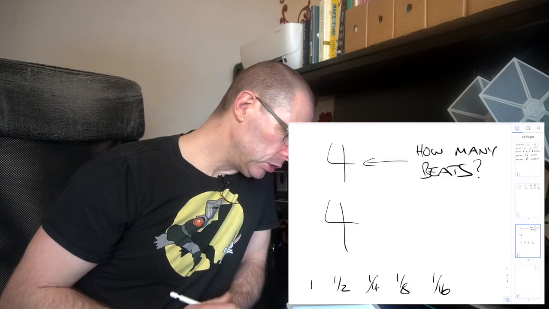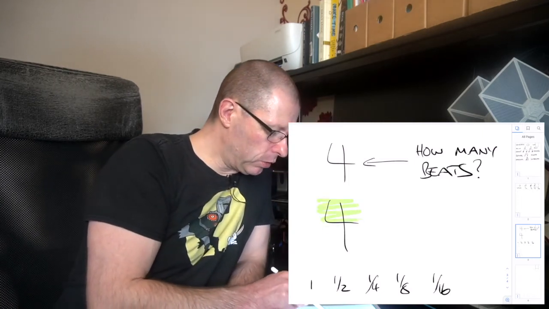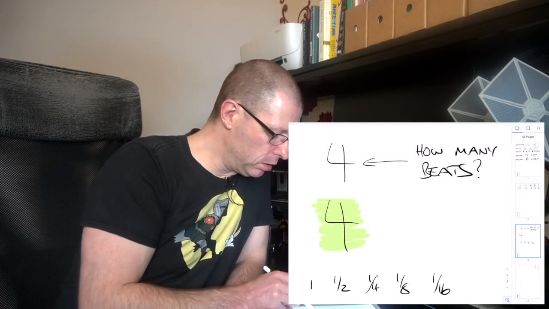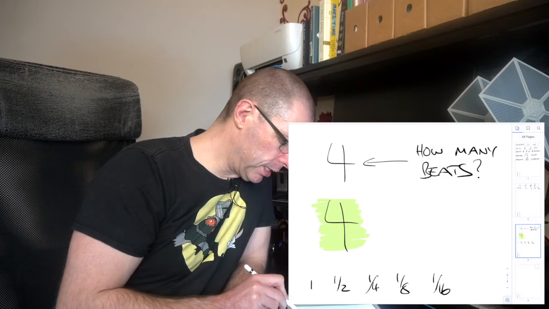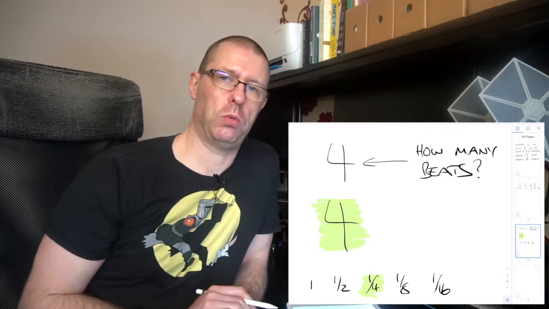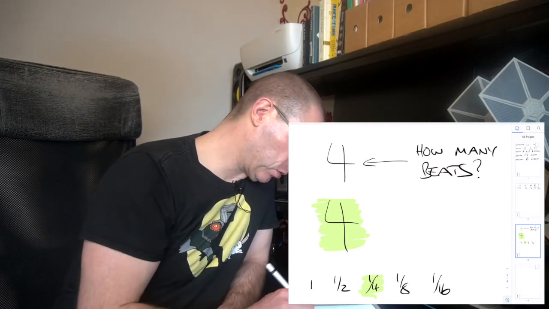All right. So if we're looking for a relationship here on what we are looking for 1 beat to be worth, we are looking at this number here. We can tie that directly to this here, and we know that one beat is equal to a quarter note, or as I would call it, a crotchet.